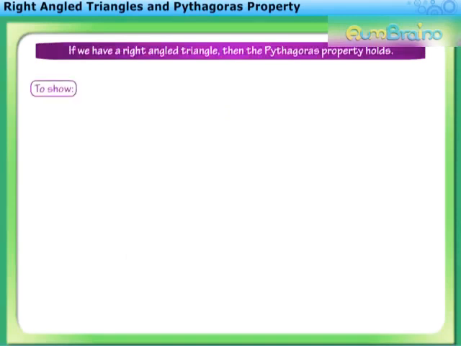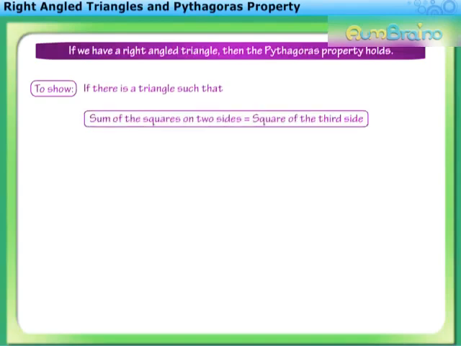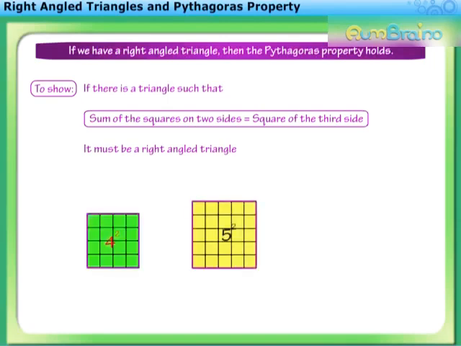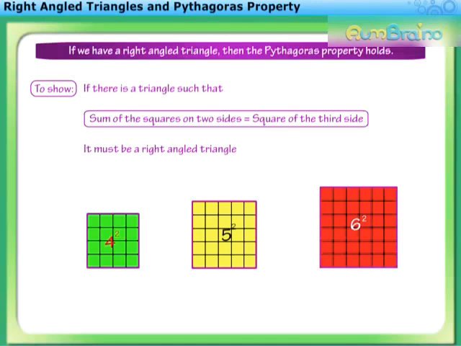Now we will show that, if there is a triangle such that the sum of the squares on 2 of its sides is equal to the square of the 3rd side, it must be a right-angled triangle. For this, we should have cutouts of squares with sides 4 centimeters, 5 centimeters, and 6 centimeters long.